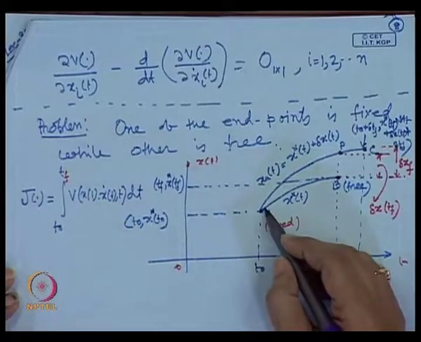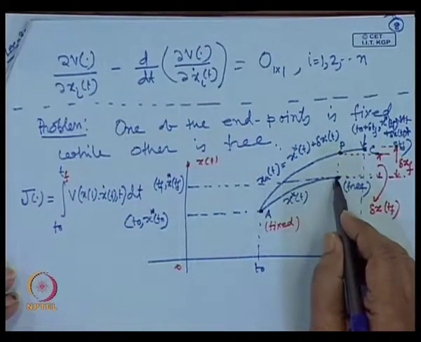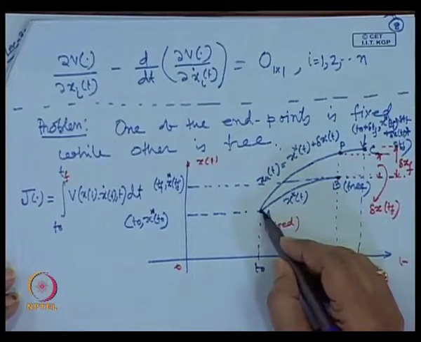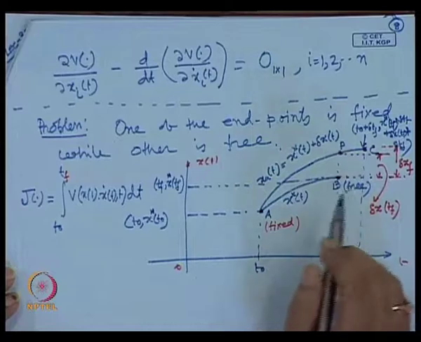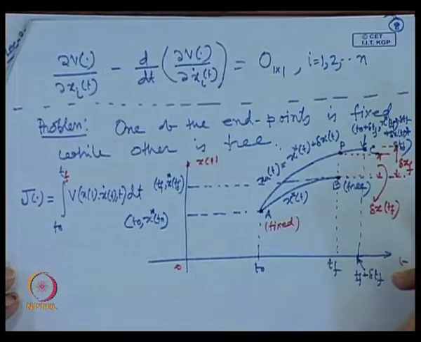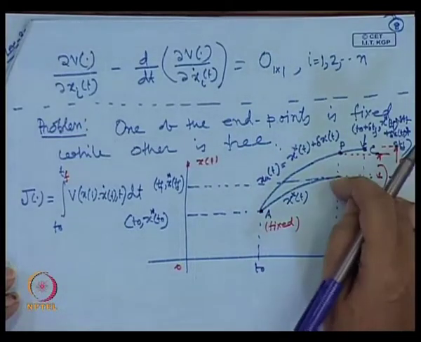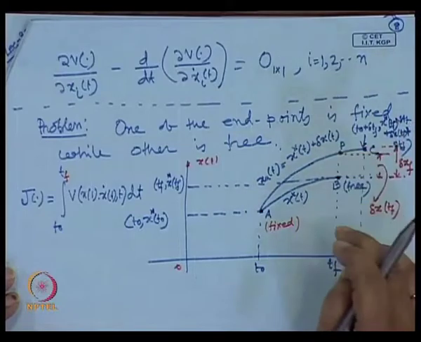What should be the choice of the trajectory x t, so that this functional is maximized or minimized? Let us consider x star as the optimal trajectory, with point A fixed and B free. It may be free in time and fixed at the end points of x.